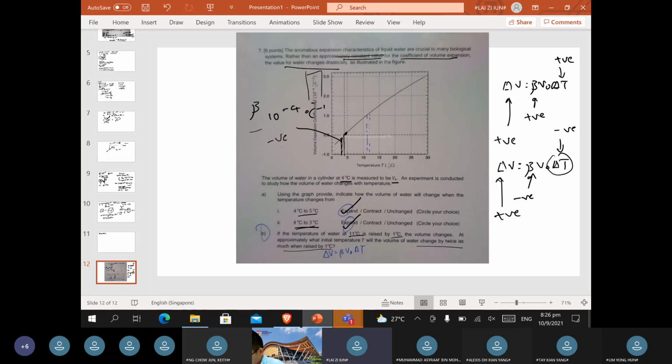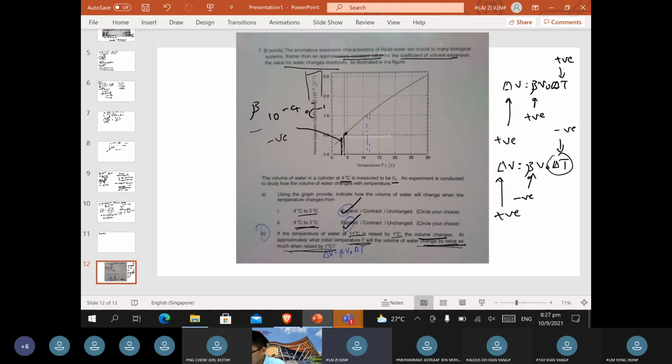Okay, so that's part A. For part B, let's look at it. The temperature of water at 11 degrees is raised by 1 degree, the volume changes. At approximately what initial temperature, T, will the volume of water change by twice as much when raised by 1 degree C?